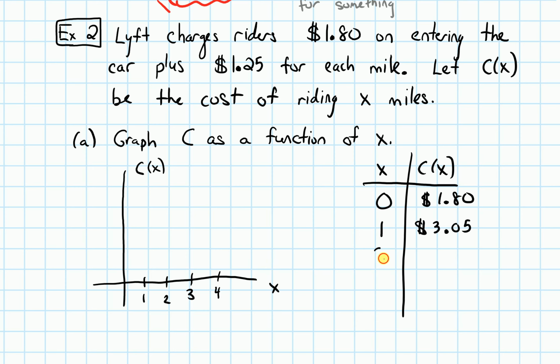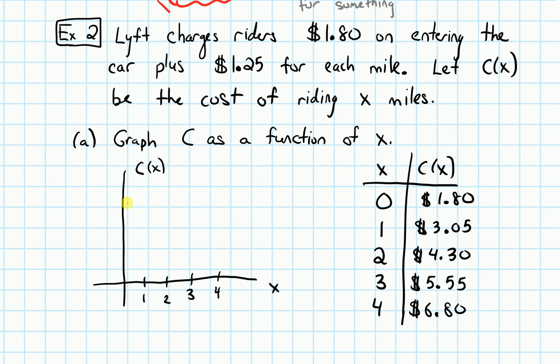Now if we travel 2 miles, I pay another $1.25 on top of this, so that's going to be $4.30. If I travel 3 miles, that's an extra $1.25, so that will be $5.55. And if I travel 4 miles, my cost would be $6.80 after adding another $1.25.